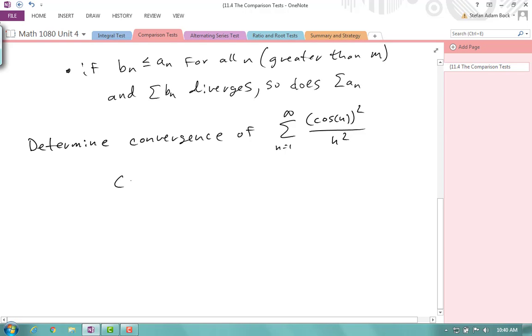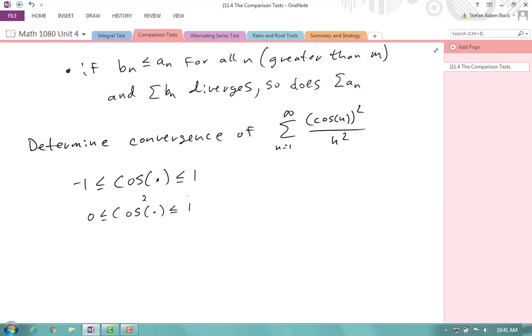I know that no matter what, cosine of anything is going to be between -1 and 1. But since I have a cosine of n squared there, that means I can only have positive values. So cosine squared of whatever I put inside is always going to be between 0 and 1.